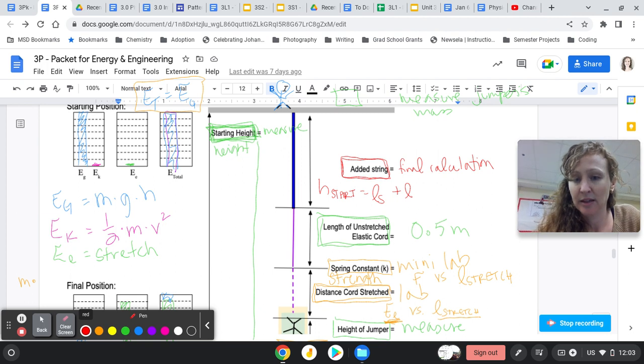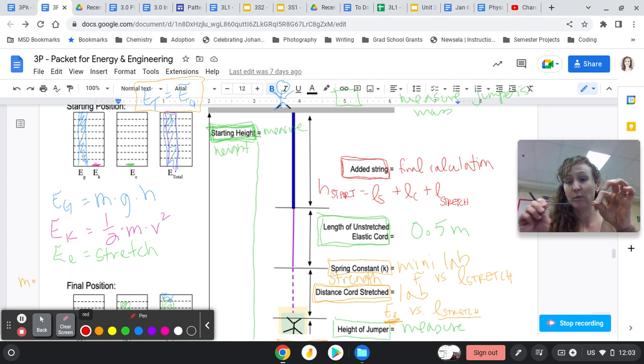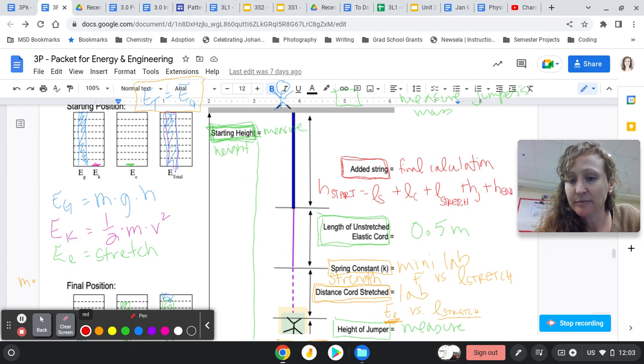I'm going to put L cord plus the length of our stretch. How far, so the cord plus how far the cord stretches, plus the height of the jumper, plus the height at the end.